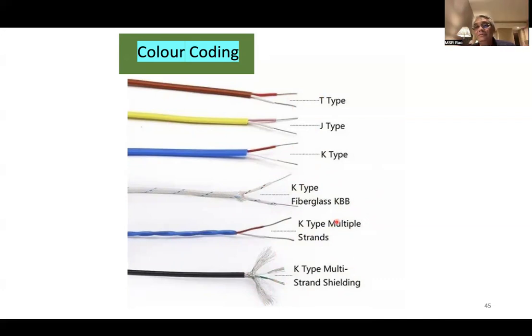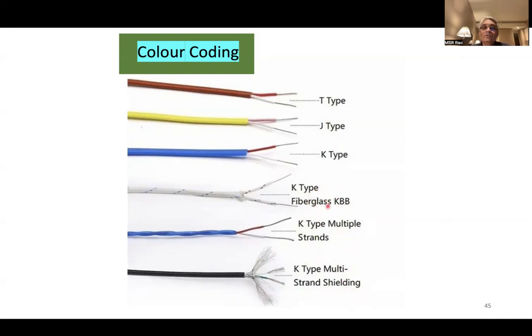These thermocouples are available. Again, if you go through the standard tables of the handbook of thermocouples, you get all the information about the exact measuring range for a given type. Even in K type, you're seeing already 4 different types in terms of multiple strands here, multi-stranded shielding here, and fiberglass here.